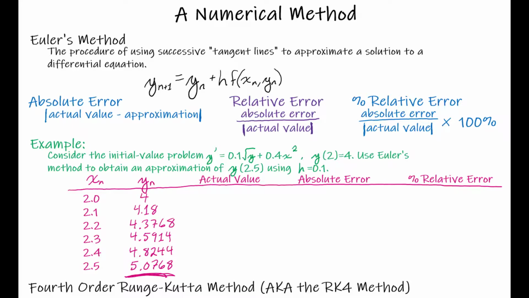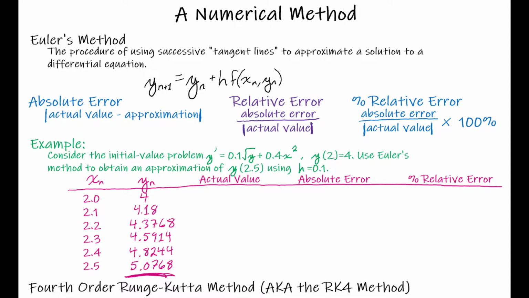As I said before, there are many numerical methods out there. Euler's method is incredibly simple, and because of that, it's a great first one to learn. However, with its simplicity comes a decent amount of error, so it's not the most commonly used method when we're performing serious calculations. There are other options out there that are more accurate.